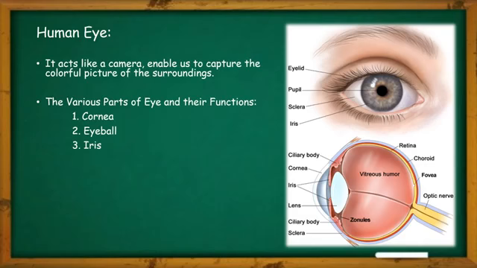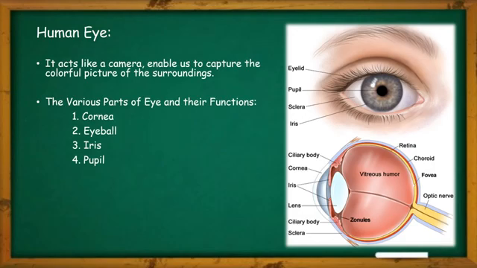Next one is the iris. As you can see in the diagram, the iris is a dark colored muscular diaphragm that controls the size of the pupil, and it is present behind the cornea. It helps in accommodation of light by changing the size of the pupil. Now the question arises, what is the pupil then?